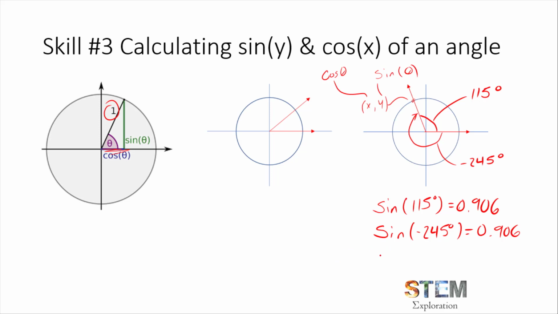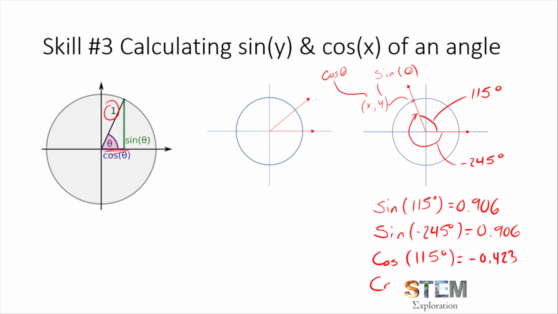And if we want to go cosine of 115 degrees, it's the exact same thing, except that you'll get negative 0.423, which makes sense, right? We're going in the negative direction by negative 0.423, in the positive direction 0.906, which seems pretty reasonable if the radius of the circle is 1.